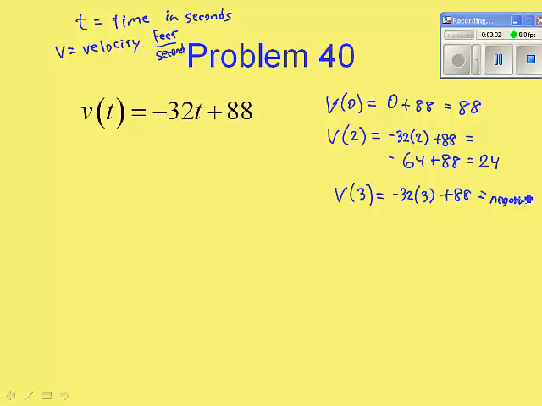Okay. So now what I'm going to do is I'm going to integrate v of t. You're not going to put dx here. You're going to put dt because that's my input. So let's integrate negative 32t plus 88 dt.